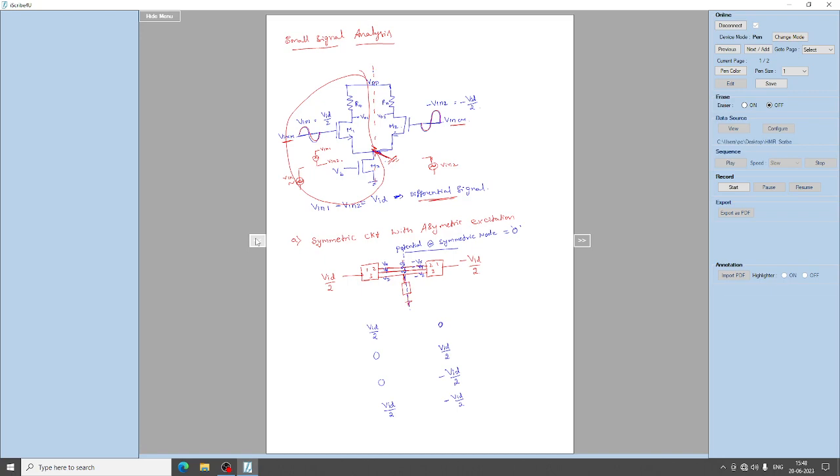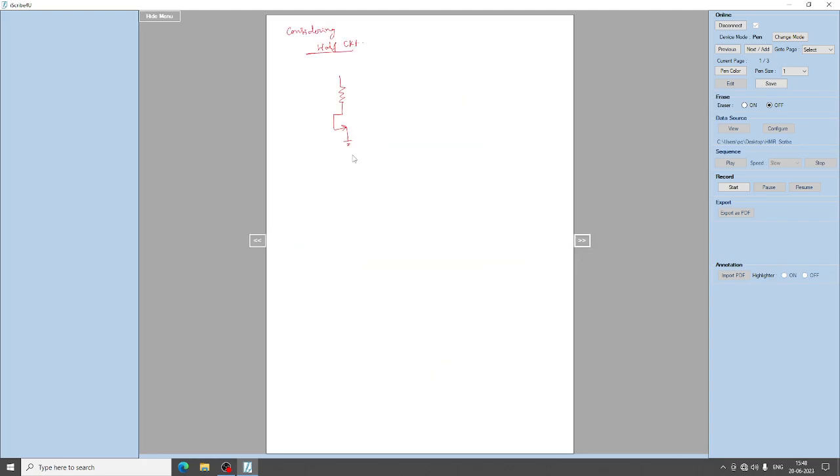This terminal I have taken as 0. The potential at the symmetric node here, it will be 0, I have considered. So this is the input that I am giving, which is VID by 2, and this is R and this is VDD, right? So with respect to my input VID by 2, my output will also be V out by 2, right? So output will be V out by 2.